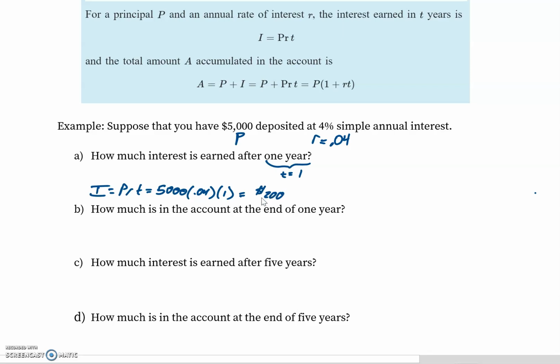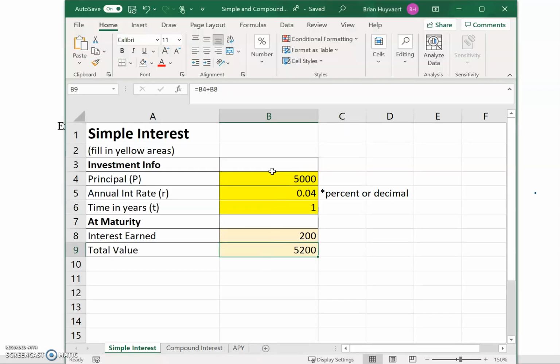Well, again, we can either say I started with 5,000, I added the 200, so now I have 5,200. So that's one perfectly fine way to go about this, right? The principal plus the interest. Or we could say, well, this was just another one of the outputs. Once I put in the initial information, this was the second thing, the total value at the end, at maturity.